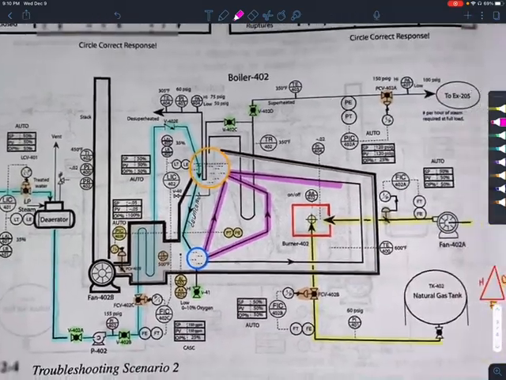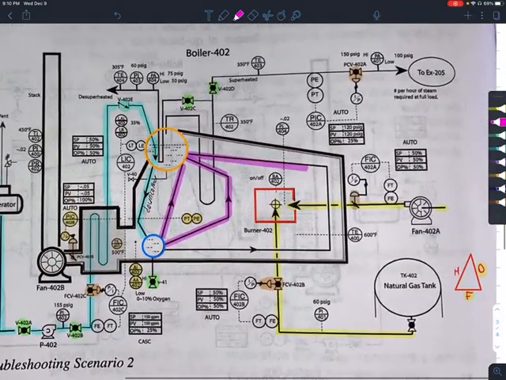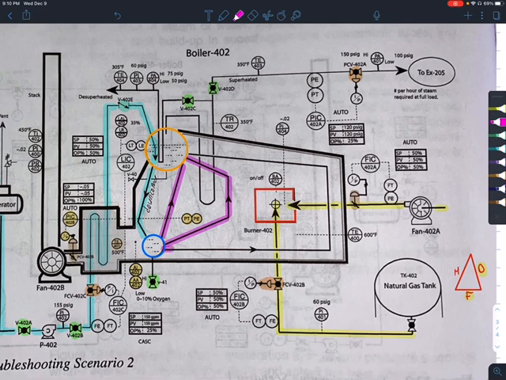I'm going to have to zoom out one second. In the risers, the liquid is going up, and in the downcomer, the liquid is going down. So that's from what I've gathered, why they're named that.